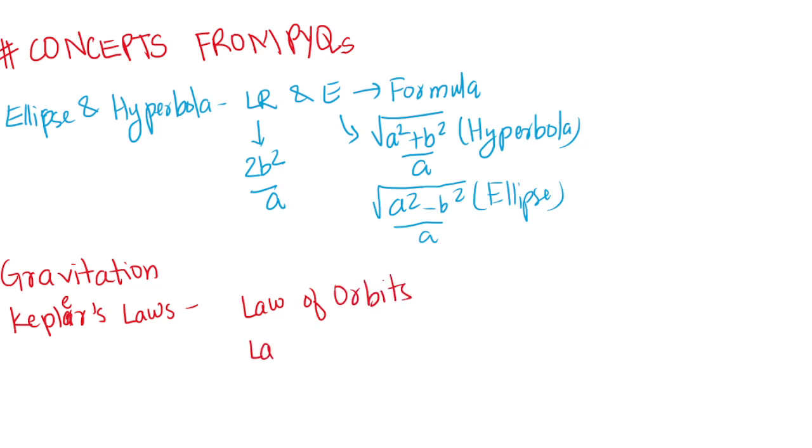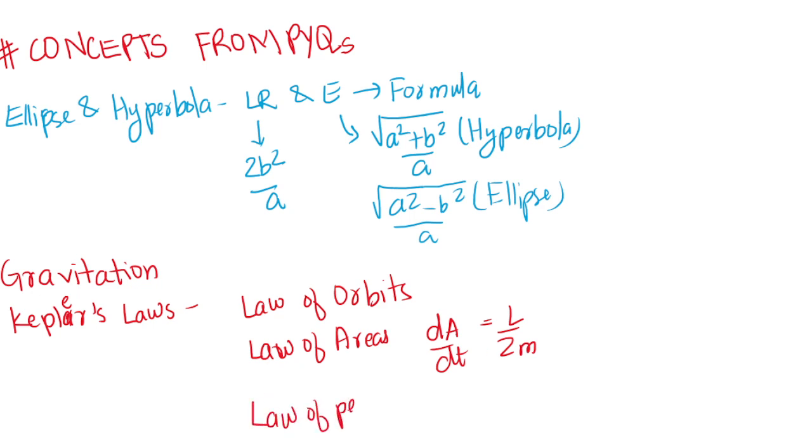The second law is the law of areas, which mainly talks about the formula dA by dt equals L by 2m. Then you have the law of periods, where T square is proportional to r cube, where T is time and r is the distance.